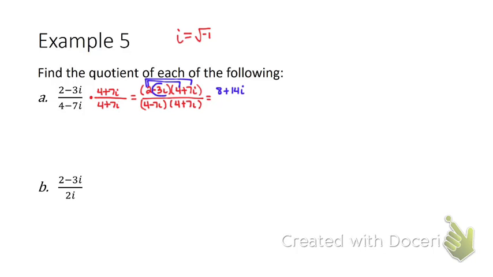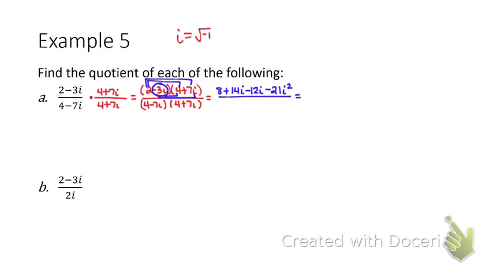Inner, now be careful, that's a negative 3i, so negative 3i times 4 is negative 12i. And then last, negative 3i times 7i. And it's going to be over something, but I'm going to keep working on the top right now. We'll come back and do the bottom in a minute.